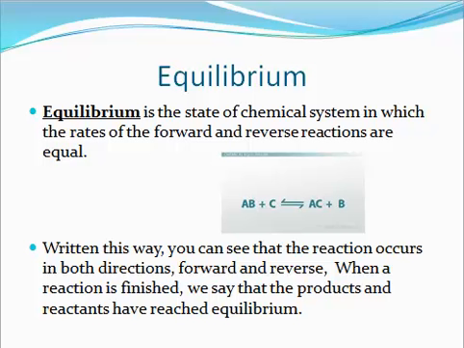You can see AB plus C, and then instead of having a single arrow pointing to the right, it is a double arrow. So we get AC plus B. Written this way, you can see the reaction occurs in both directions, and that's the idea of equilibrium. A reaction goes in both directions, forward and reverse. So when a reaction is finished, we say that the products and reactants have reached equilibrium.